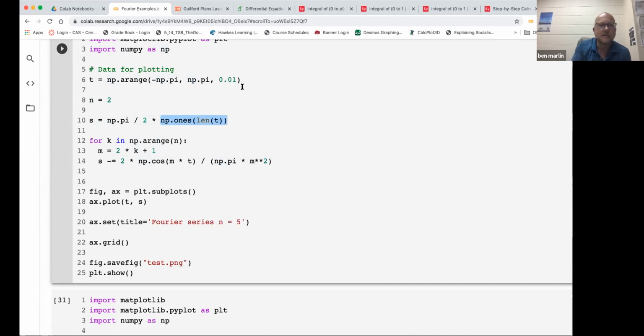So the t that we saw created up here on this line is actually a bunch of numbers going from minus pi to pi, and it keeps track of all of them, spaced out in units of 0.01. So I guess that's like 628 of them or something, but I don't want to guess. So instead of guessing, I'm just going to say, hey, make this thing here have the same number of things in it as t did.